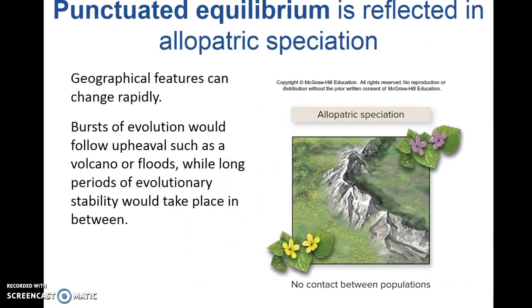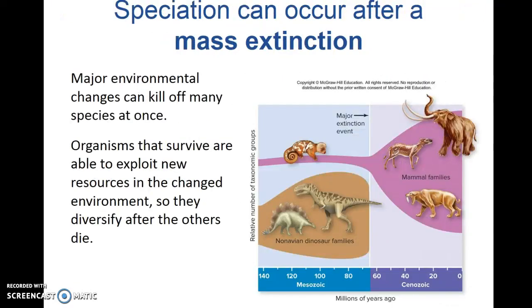I'm going to move quickly because I only have a little bit of time left before my recording is going to punch me out. This idea of mass extinction events is where we see a lot of speciation events occurring. The dinosaurs ruled the planet for millions and millions of years, and when they went extinct, mammals had a major competitive advantage because in the new environment, they were able to be successful where the dinosaurs were not, and they all died out.